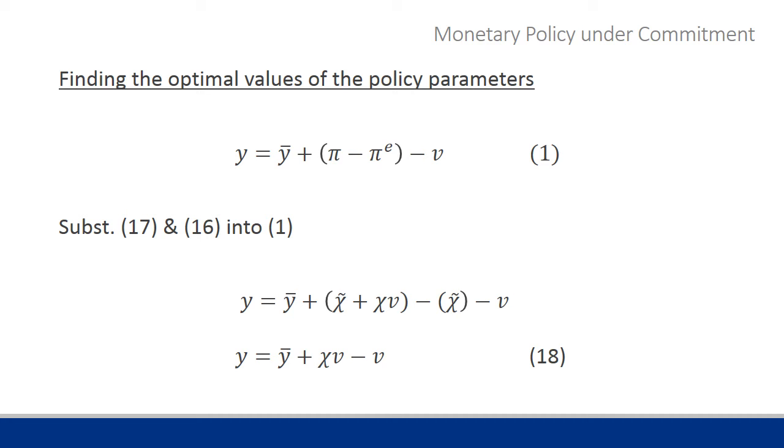So we replace pi with the monetary rule here, and replace pi e with the rational expectation of inflation, which we know is the target rate. When we simplify this, we have a phi tilde here and a minus phi tilde. It simplifies so that y will be equal to y bar plus phi v minus v.